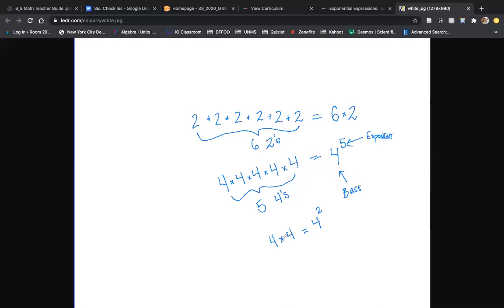But exponents do come a lot more useful when you have multiple things, right? Let's say I had like 50 4's written out here. You wouldn't want to write 4 times 4 times 4 times 4 times 4 out 50 times. So instead, you would do that with an exponent, right? And that's why we have exponents in math, for situations when we have numbers that are a lot bigger.